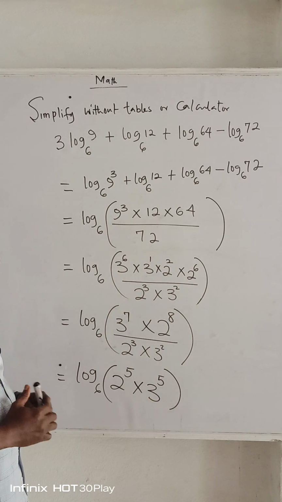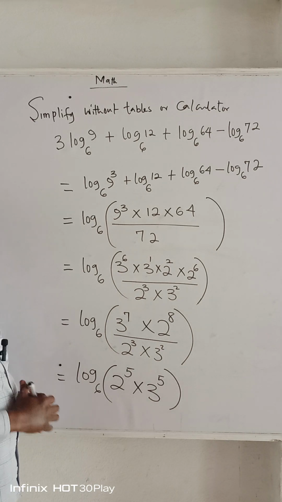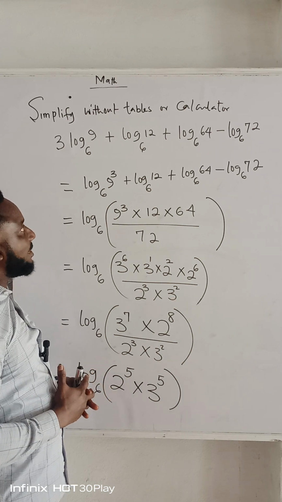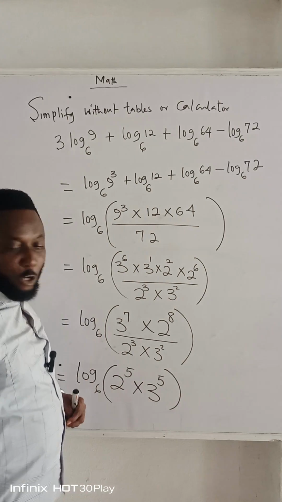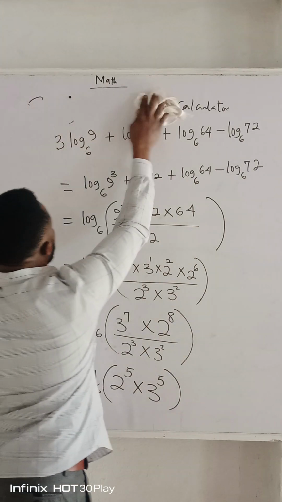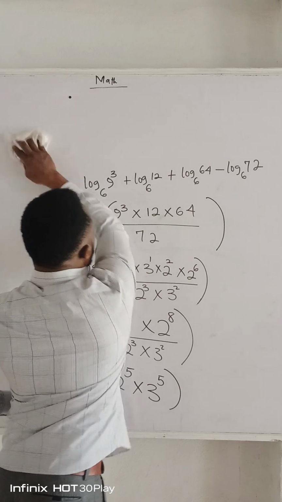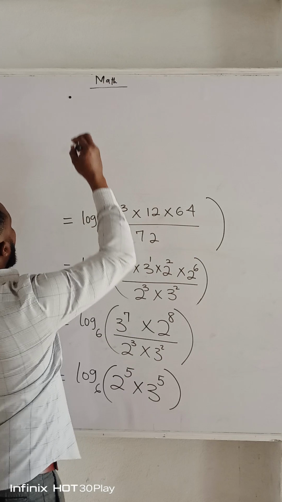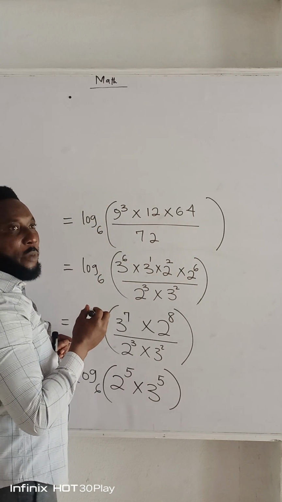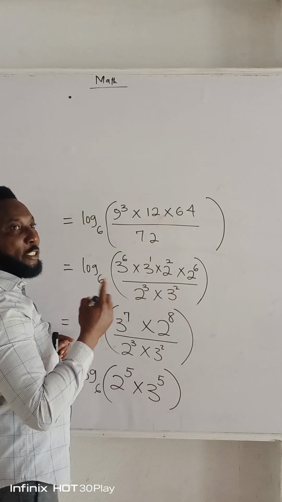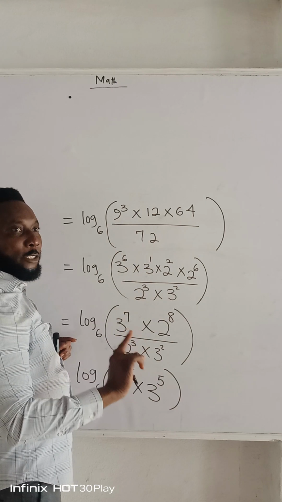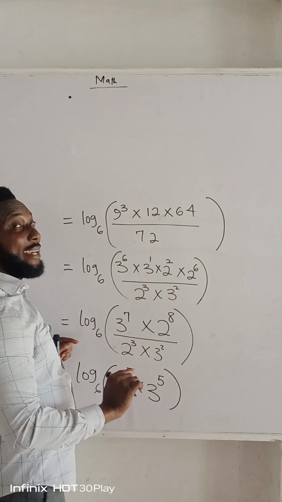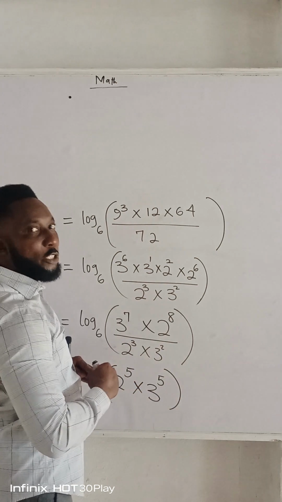Now, what we are going to do here is to go back to the fundamental law of indices that is hidden. I call it the reverse product rule. What this rule says is this: if you have two or more numbers of different bases, please listen to this carefully, and they are having the same power, you multiply the bases.